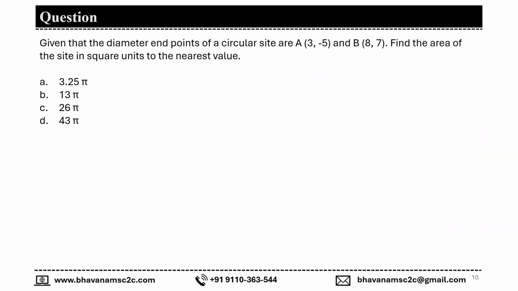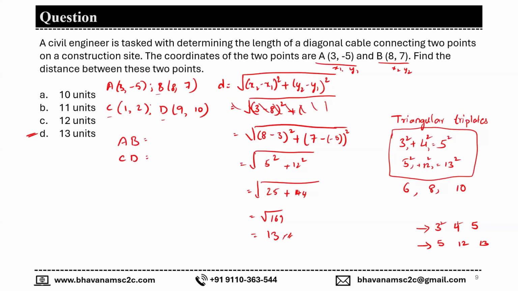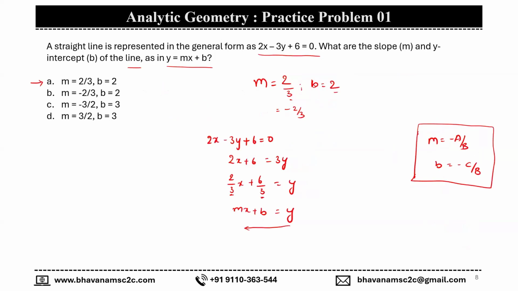Okay. Manidhar, before you move to the next one, I had a doubt in the previous question. The example you gave where we had to find m and the y intercept, I'm getting a different answer. The m value was right, minus 2 by 3, but b I'm getting as minus 2.